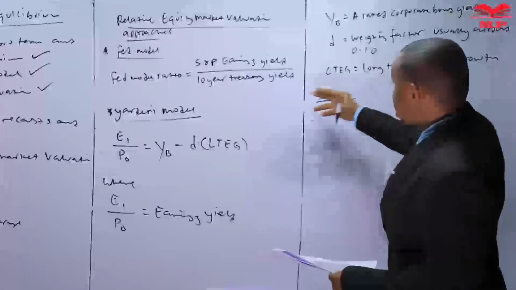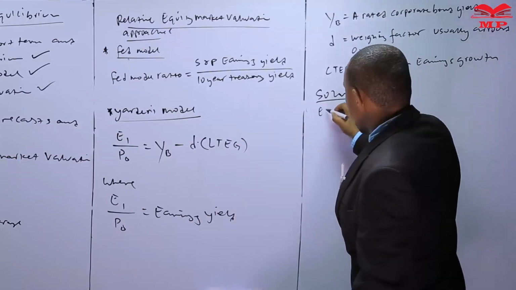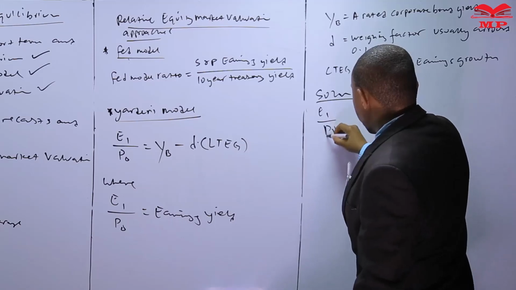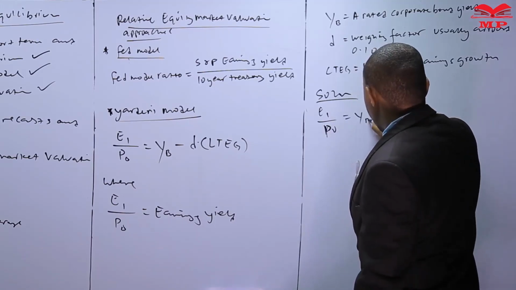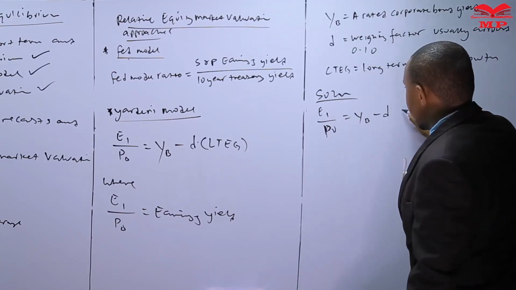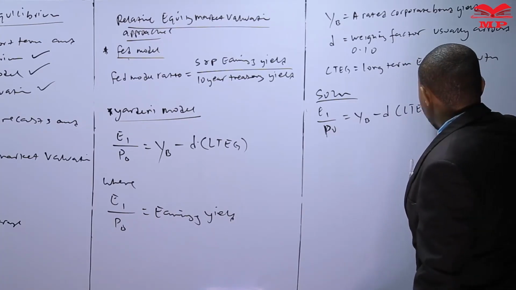So, solution. Using the Yardeni model, we have E1 over P naught equals YB minus D times L tag.